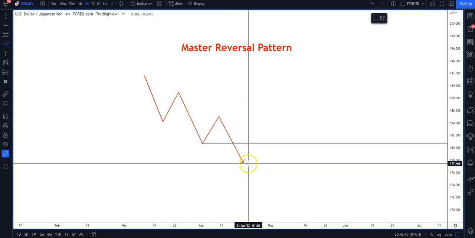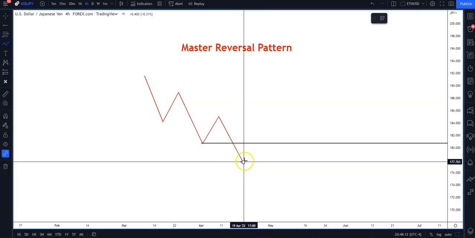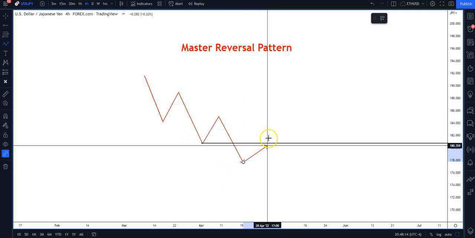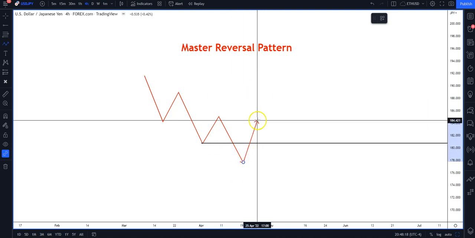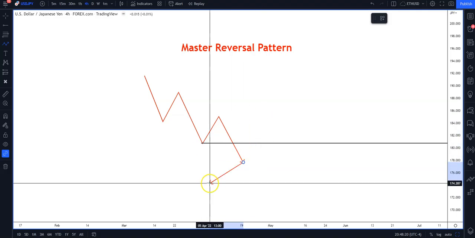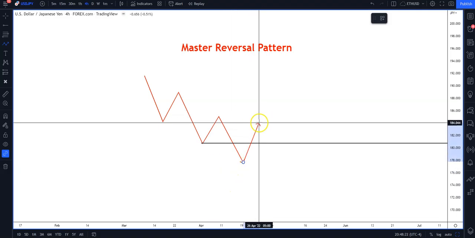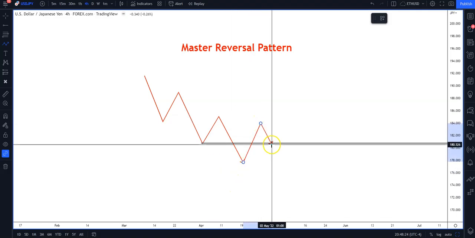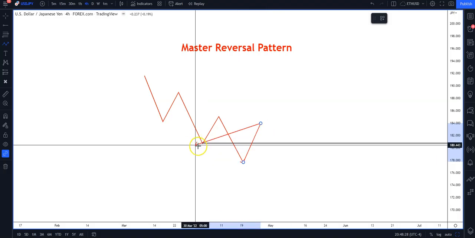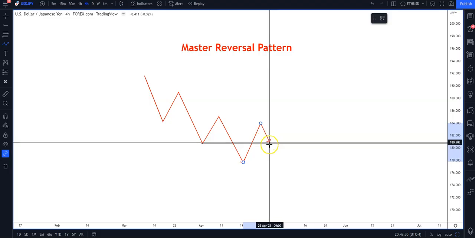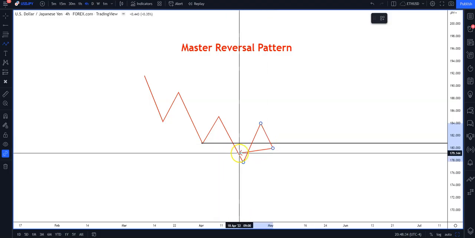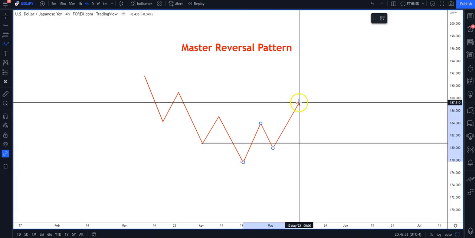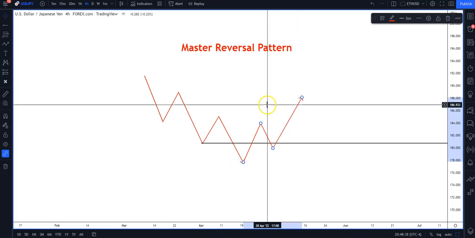So once this low gets breached, you want to wait for a retracement down to the bottom, and a failed break of a low, and for it to go up.